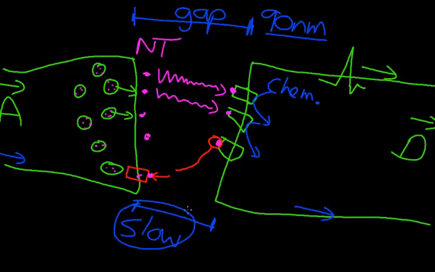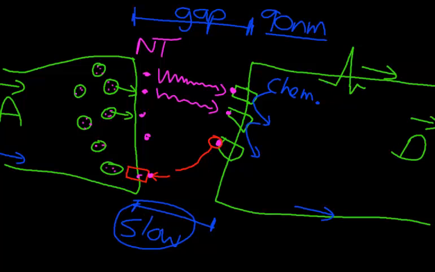Because it being the slowest part of the process, if you have less of it, information can travel faster, and therefore you can get an action to happen rapidly. So this is the slow part. The process of an action potential across a synapse is the relatively slow part.